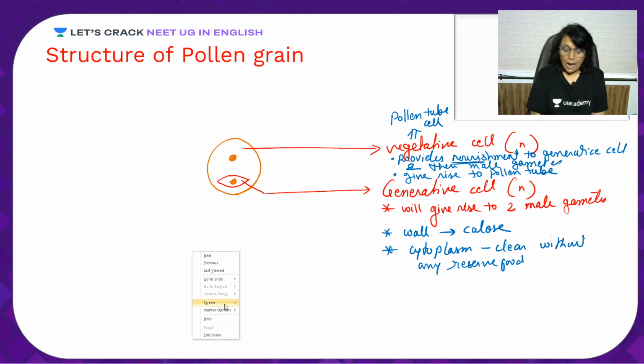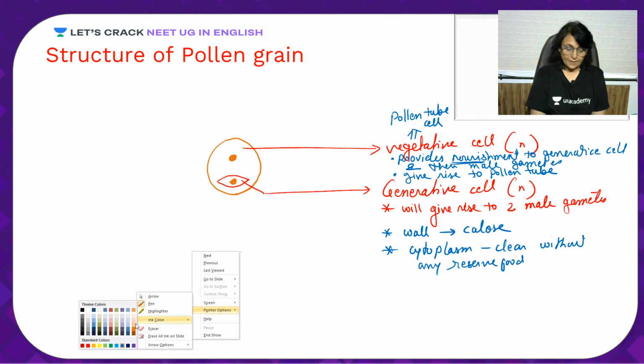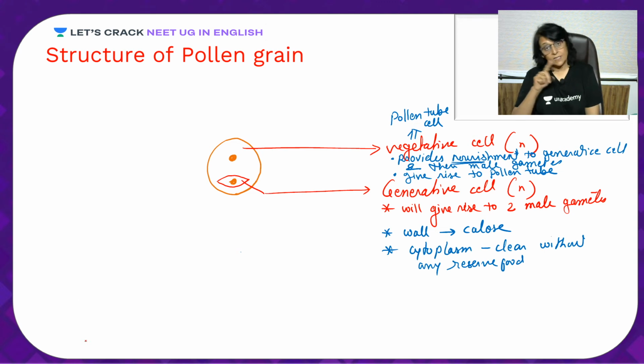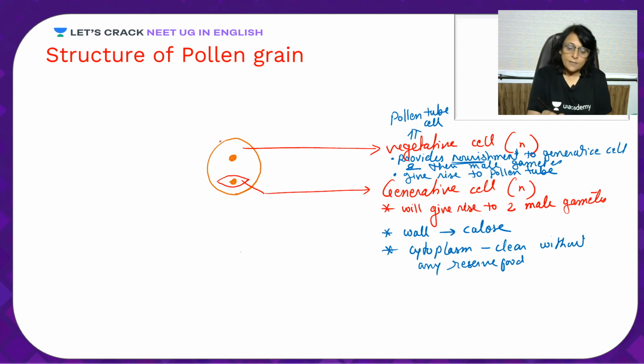Now, outside this cell, the larger cell, the cytoplasm itself secretes a layer. And this is made up of cellulose. So cellulose is secreted by cytoplasm of the vegetative cell.